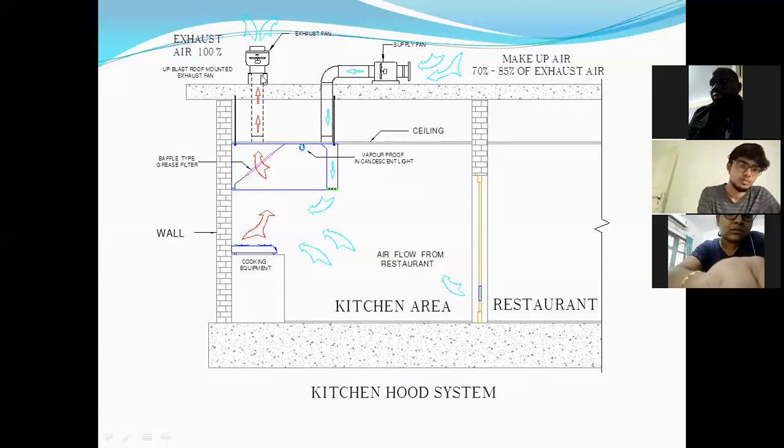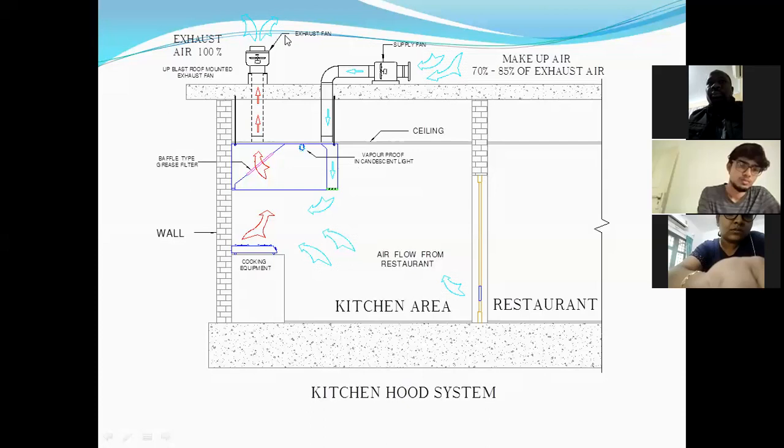So when we are exhausting the complete air from our kitchen area, we need to give supply air to our room. Correct. But we don't want to give 100% outside air to our particular room. We just need to give only 80%. The rest 20%, we are assuming that air will be compensated from another outside area automatically. Why?